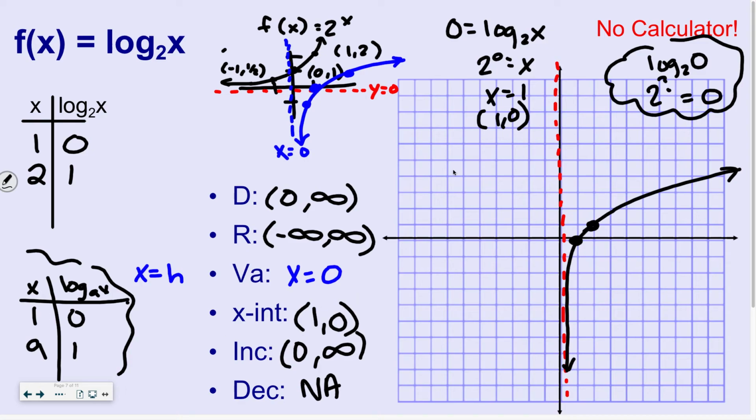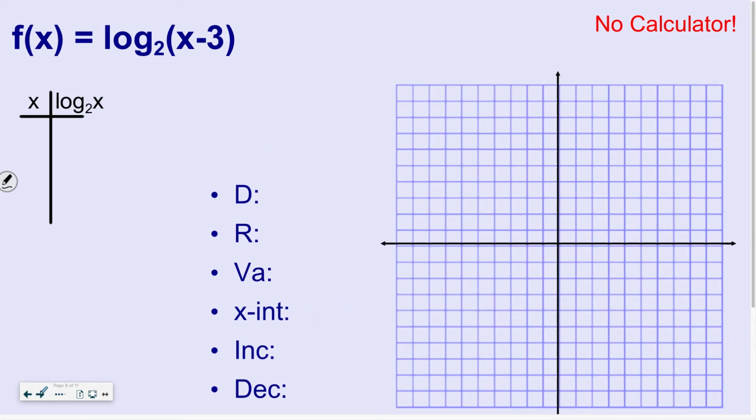Okay, now let's do one with some shifting, right? So we're going to do f of x equals log base 2 of (x minus 3). If I'm studying and prepping for what I need to show on a graph of a log, basically you're going to be using your vertical asymptote and a couple of points.